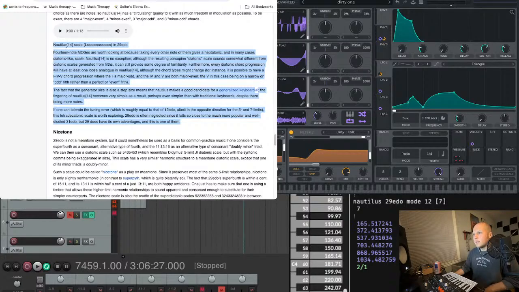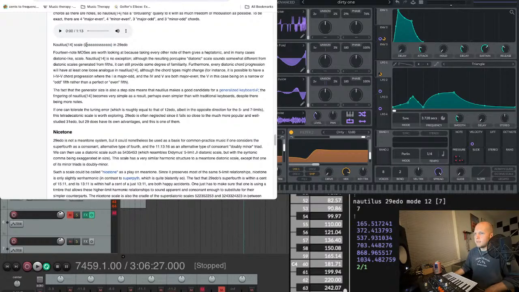It talks about the Nautilus scale. That pattern is one long step, which in this case is 3 steps of 29 EDO, followed by 13 small steps, which are 2 steps of 29 EDO each.